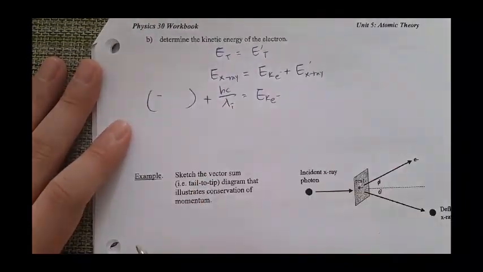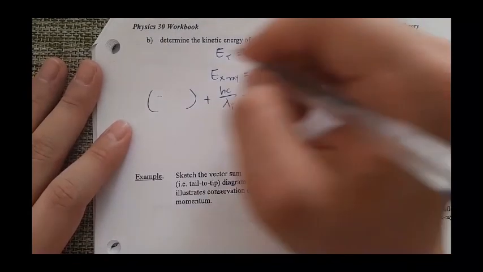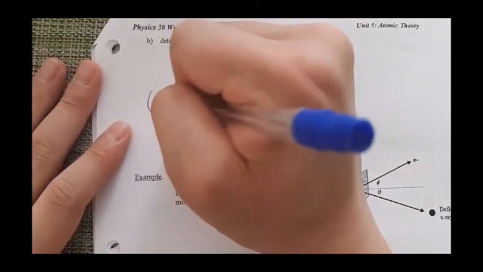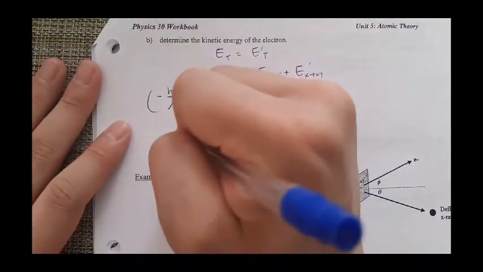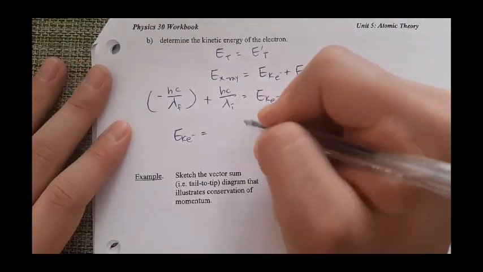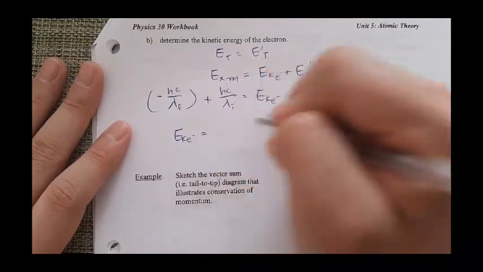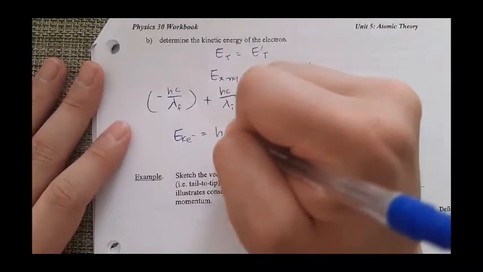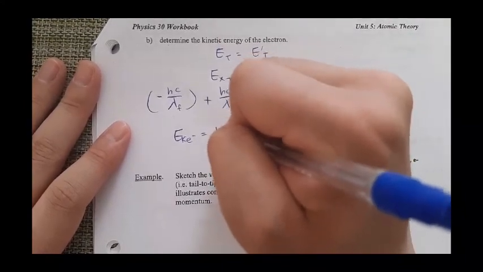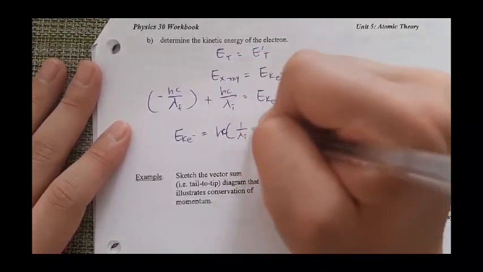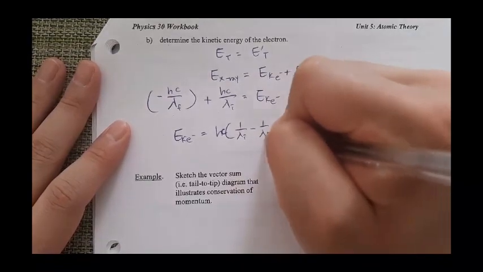But anyway, X-ray hc over lambda final, we're basically finding the subtraction of it. So my kinetic energy is equal to, hc outside, 1 over lambda initial minus 1 over lambda final.